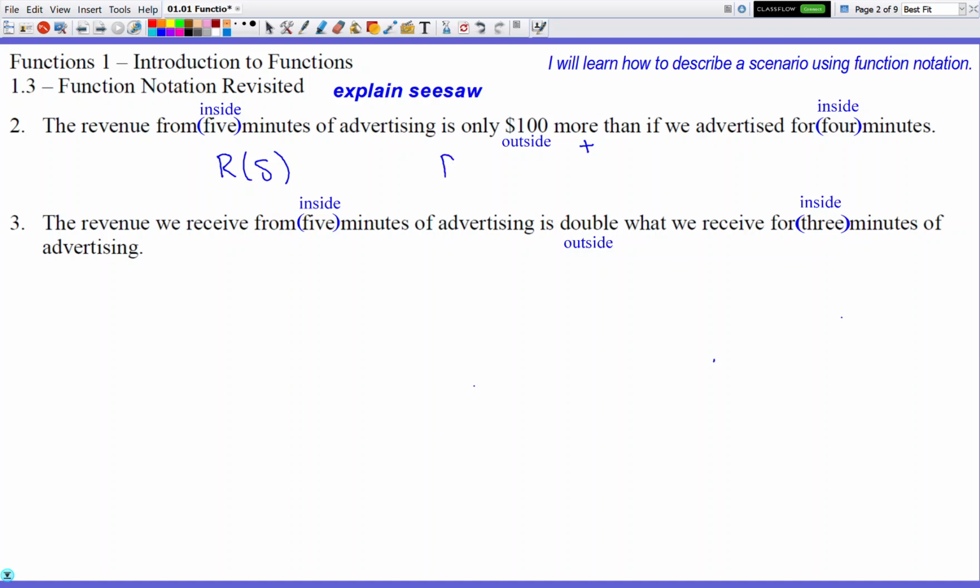So R parentheses, not 5 this time, but 4. So these are the two scenarios that we're comparing. R of 5 versus R of 3. I'm sorry, R of 4. So the amount of money I make when I advertise for 5 minutes versus the money I make when I advertise for 4 minutes.